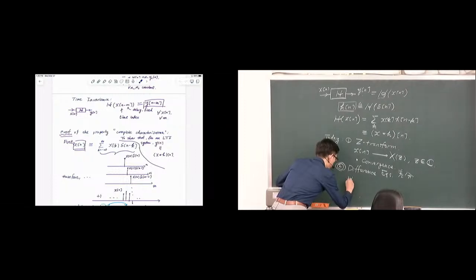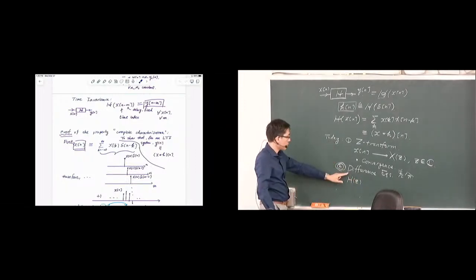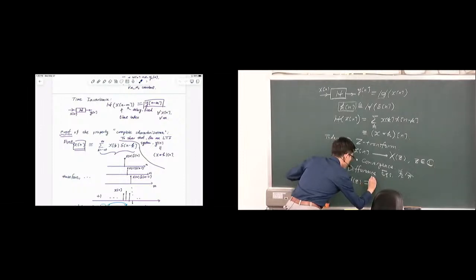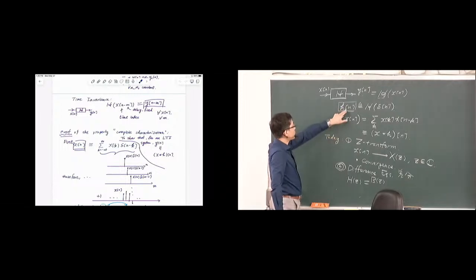There are examples, and we'll define the impulse response of such systems. The impulse response is denoted by small h, and big H is its Z transform.